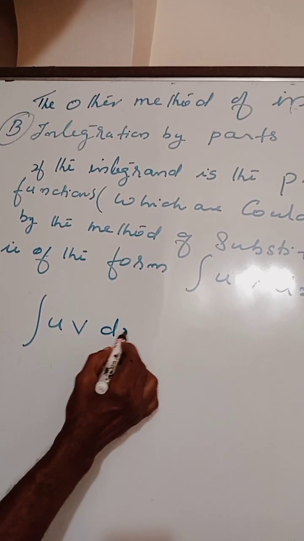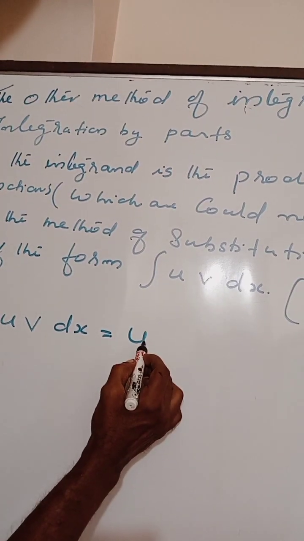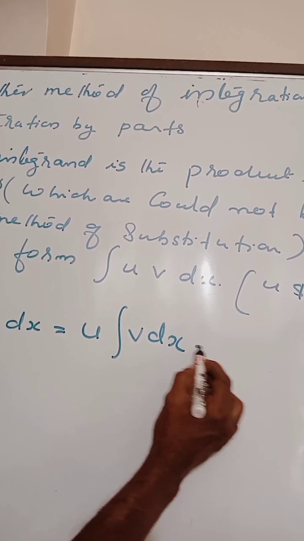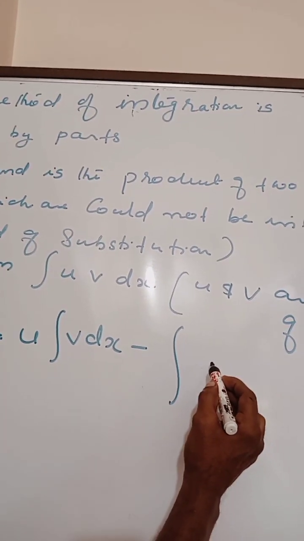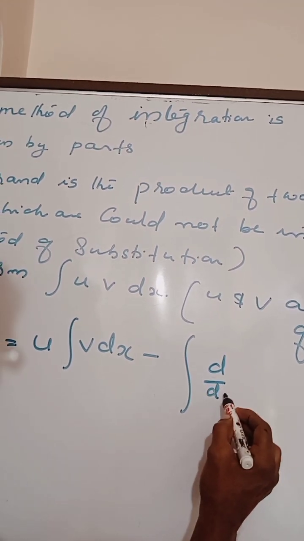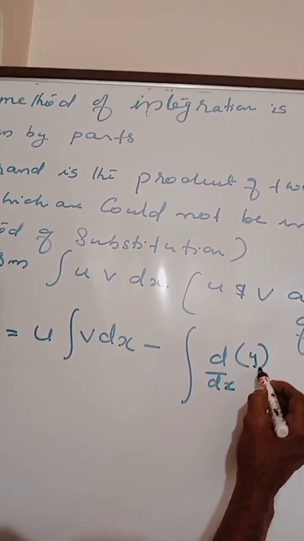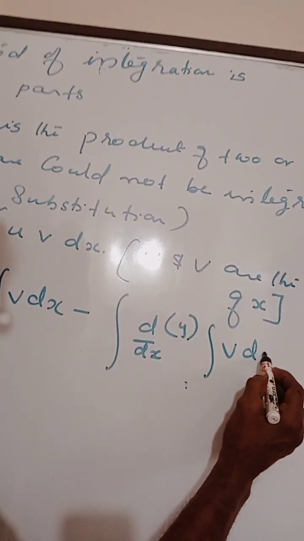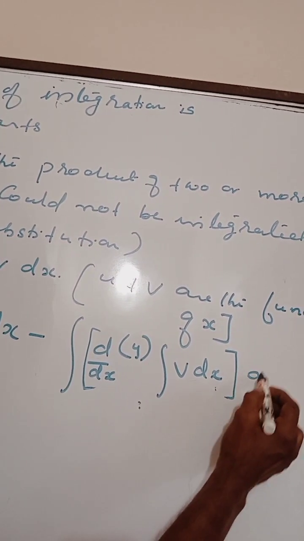Integration of u v dx is equal to u into integration of v dx minus integration of d by dx of u into integration of v dx the whole dx.